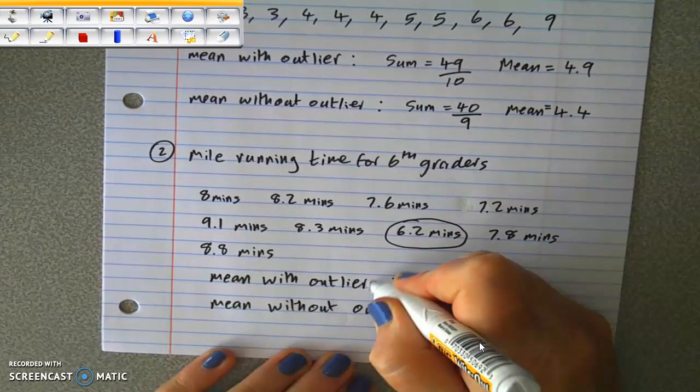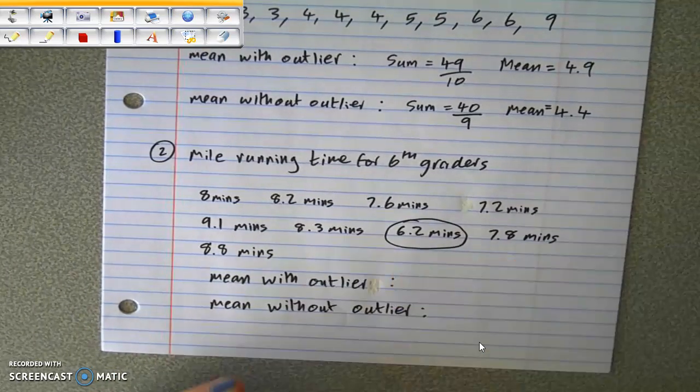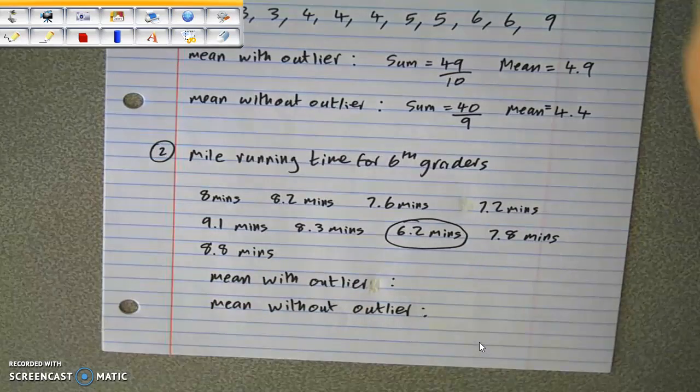There's only one outlier, so let's get rid of that S. Okay, so let's just add them up. I'm going to use my calculator for this. So 8 plus 8.2 plus 7.6 plus 7.2 plus 9.1 plus 8.3 plus 6.2 plus 7.8 plus 8.8.